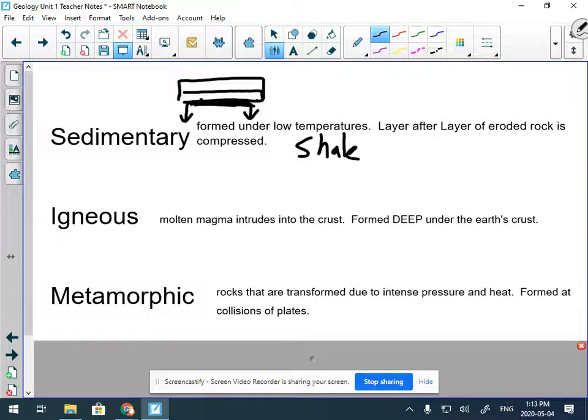Okay. The last type of rock is metamorphic rock. Metamorphic rock is igneous rock that has become sedimentary rock that is now moving its way deep under the earth and is getting crushed into another form of rock. And that has very, very interesting properties.